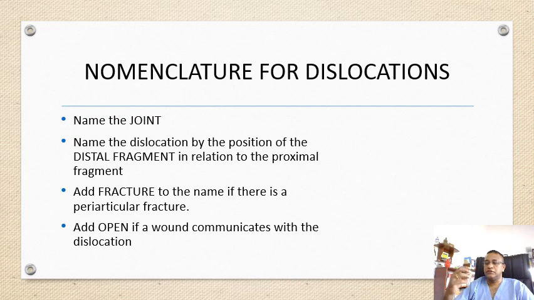If there is any wound communicating with the joint capsule, you have to name it an open fracture dislocation, or otherwise a closed fracture dislocation. Or just a closed dislocation, anterior or posterior. So this naming should be done. Then you can easily communicate with the receiving end.